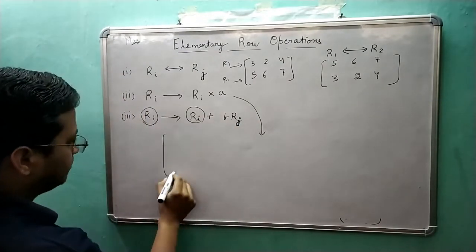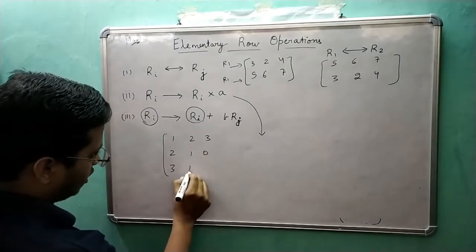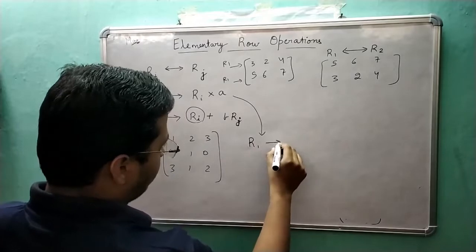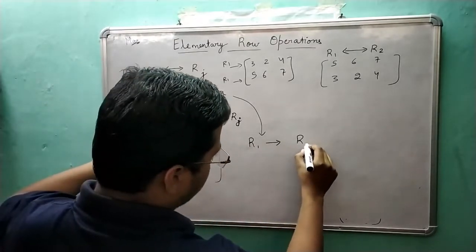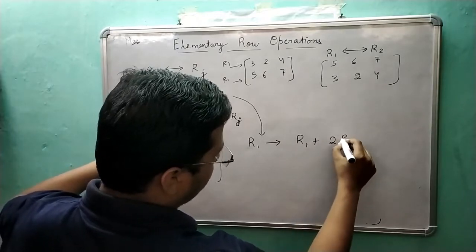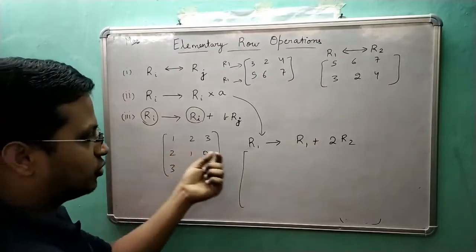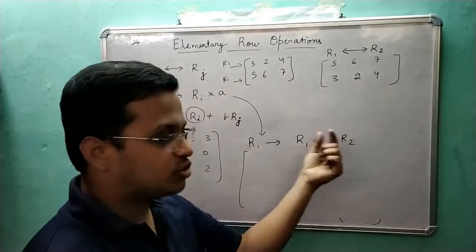For example, suppose we have 1, 2, 3, 2, 1, 0, 3, 1, 2. And we can apply R1 changed to R1 plus 2 into R2. So this is a type of third one. We are adding R1 with twice the values of R2.